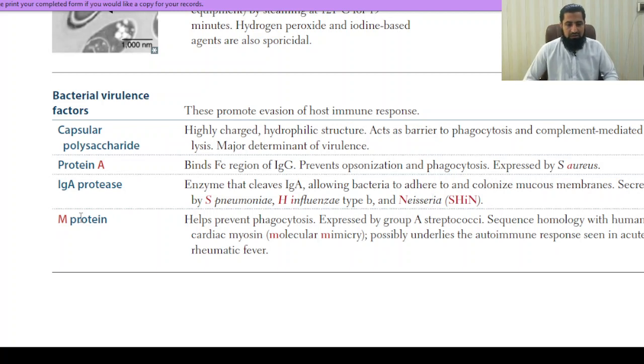By doing this, your immune system is not going to recognize it, but under some circumstances your immune system reacts to them, and sometimes it also gets activated and attacks your own body tissues, as happens in rheumatic fever.